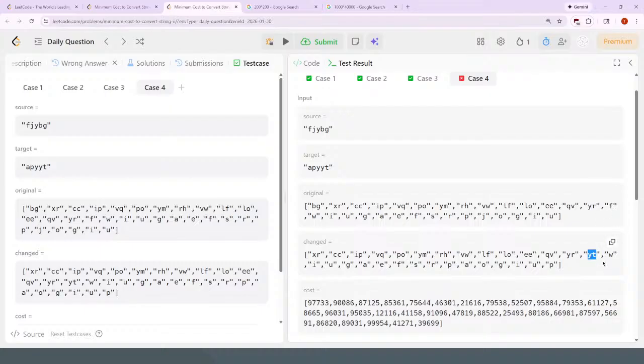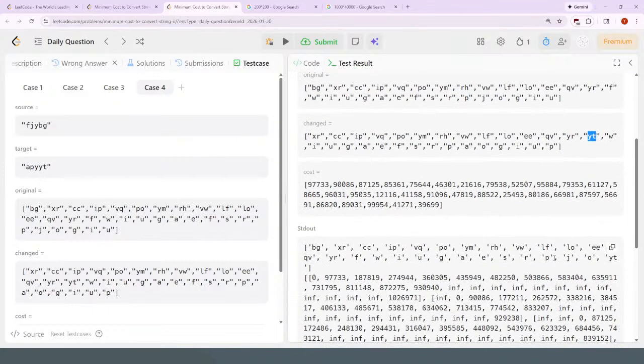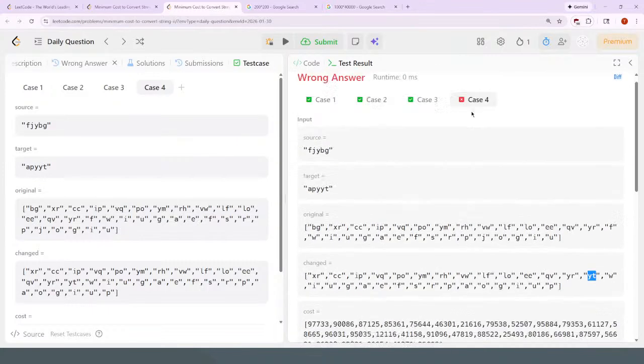F to W, W to I to U, U to G, G to A to E. So eventually you get F to A. And then J to... how do you get J to P? J to O, O to G, G to I to U, U to P. So there you get J to P.